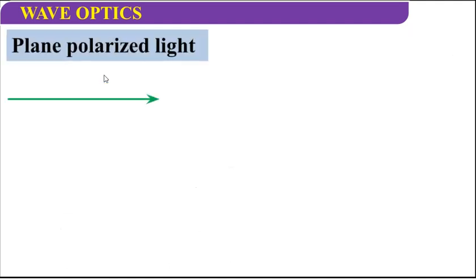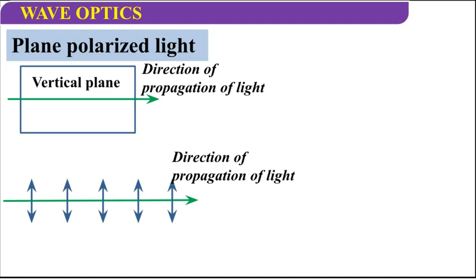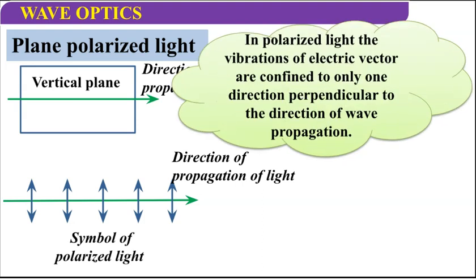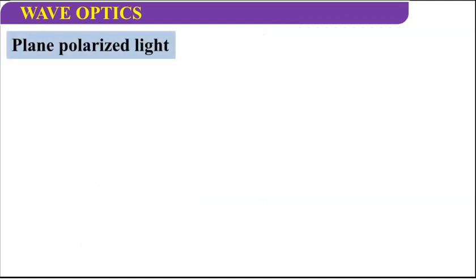Plane polarized light. If I'm talking about plane polarized light, it has a direction of propagation of light, this is a vertical plane. They have a fixed direction. In polarized light, the vibrations of the electric vector are confined to only one direction, perpendicular to the direction of propagation.